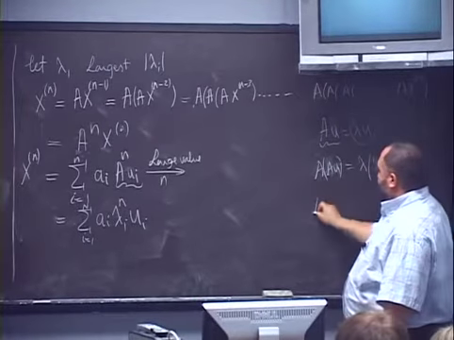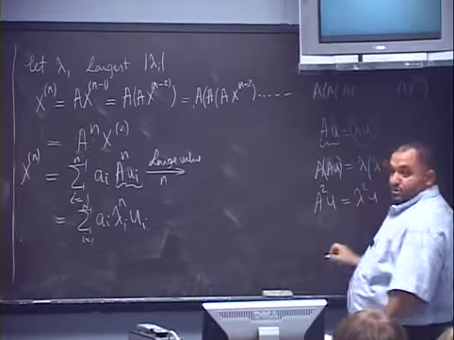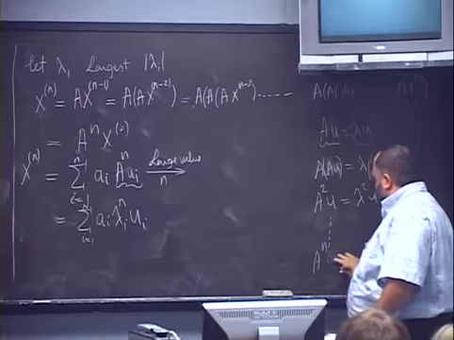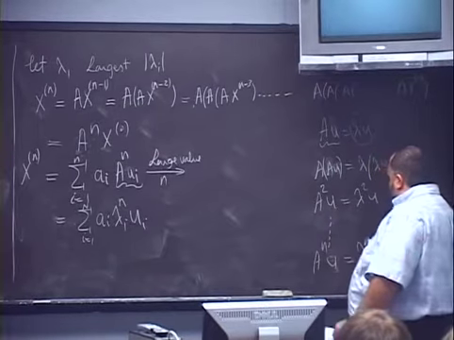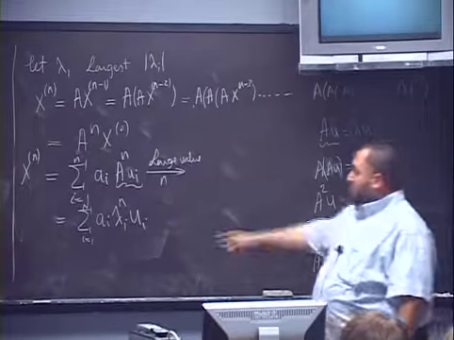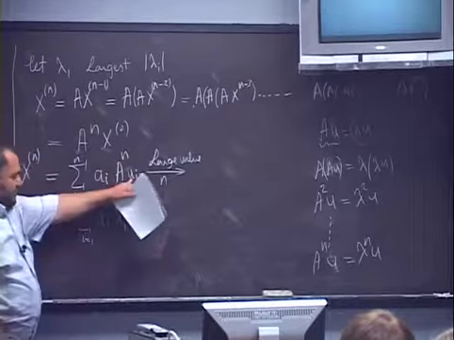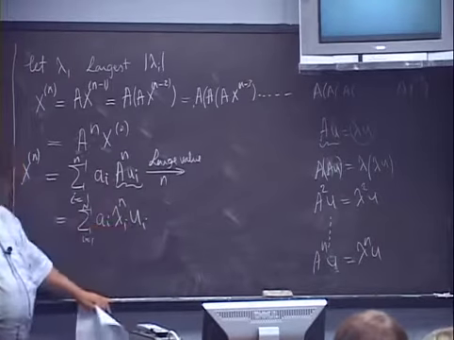So this gives A squared u equal to lambda squared u, and you can do this n times. So A^n applied over u will be lambda^n applied over u. So A^n u_i will be lambda_i to the power of n multiplied by u_i.